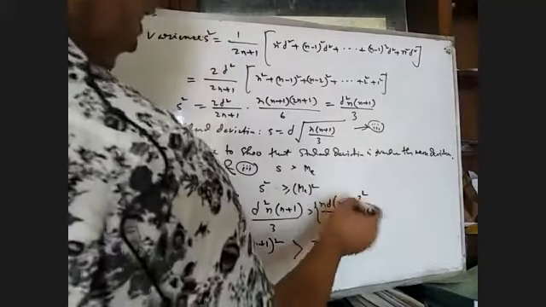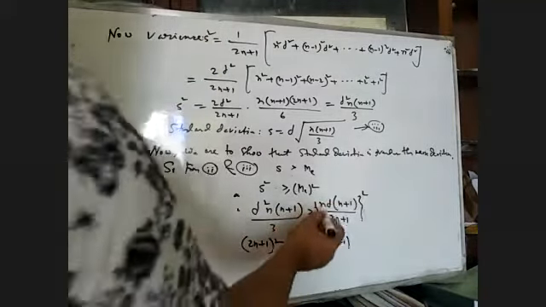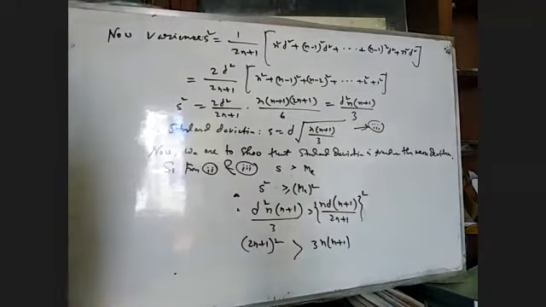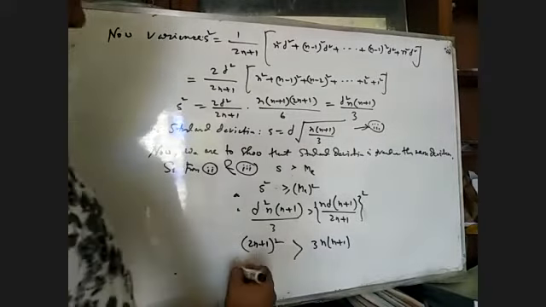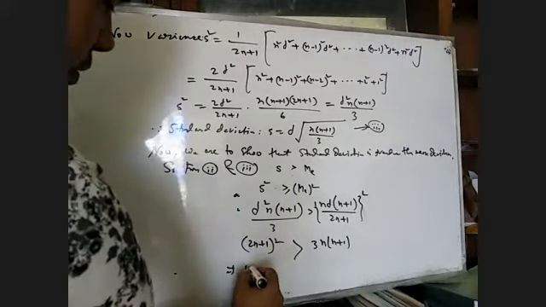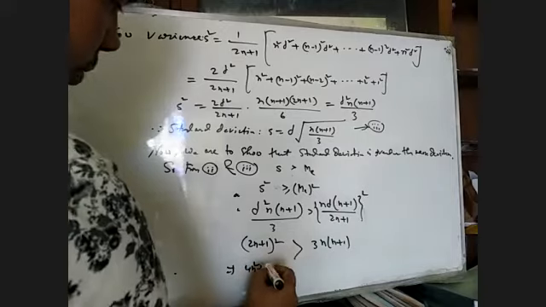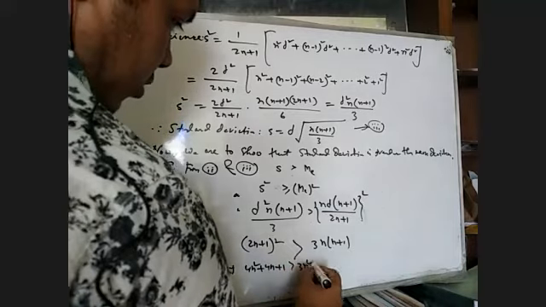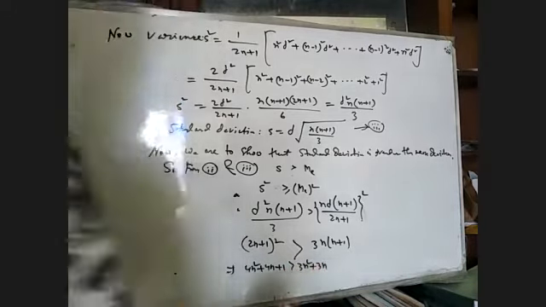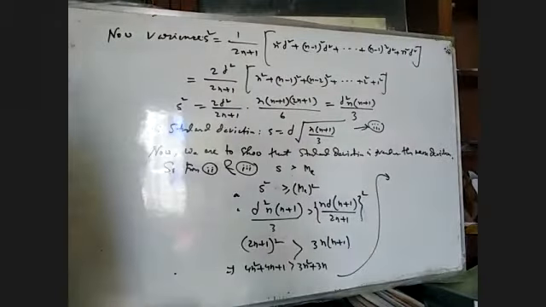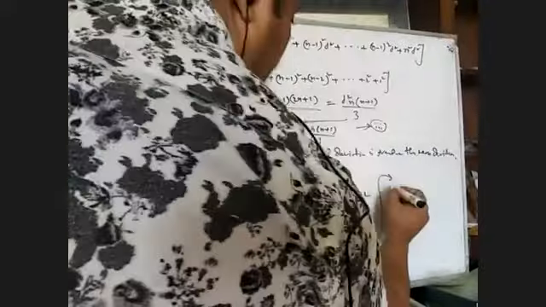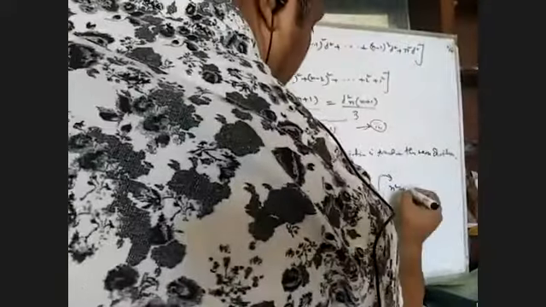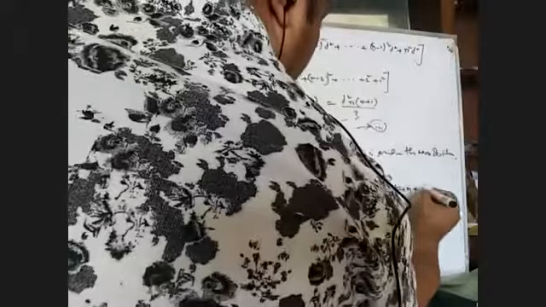One n plus 1 will be cancelled, one n will be cancelled, so the other n from n square will exist. By a plus b whole square formula, 4n square plus 4n plus 1 greater than thrice n square plus thrice n. So from this we get 4n square minus 3n square, what will be n square, 4n minus thrice n, what will be n, plus 1 greater than 0.